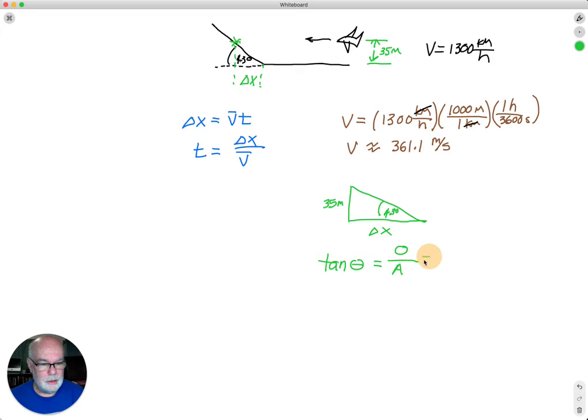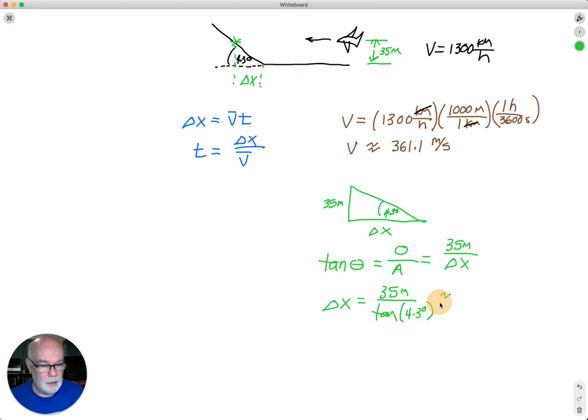In this case, the opposite side is 35 meters, and the adjacent side is delta x. So if I solve this equation for delta x, I get 35 meters divided by the tangent of 4.3 degrees.